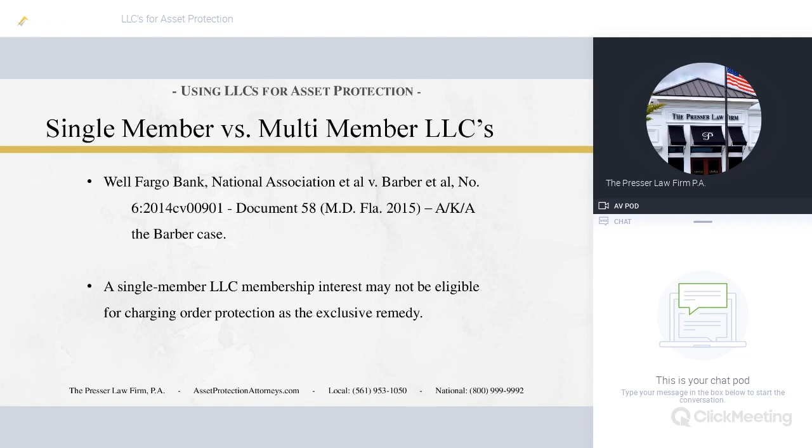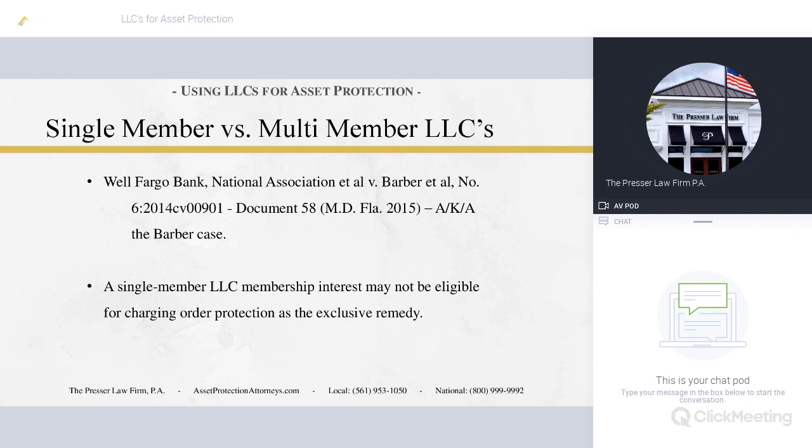The only thing he can get is if the LLC makes a distribution, the creditor can take my distribution. But generally, if it's a single member LLC, I'm in charge anyway, and guess what? I'm not going to issue a distribution. So if the charging order is the exclusive remedy of the creditor in that jurisdiction, you're in great shape.